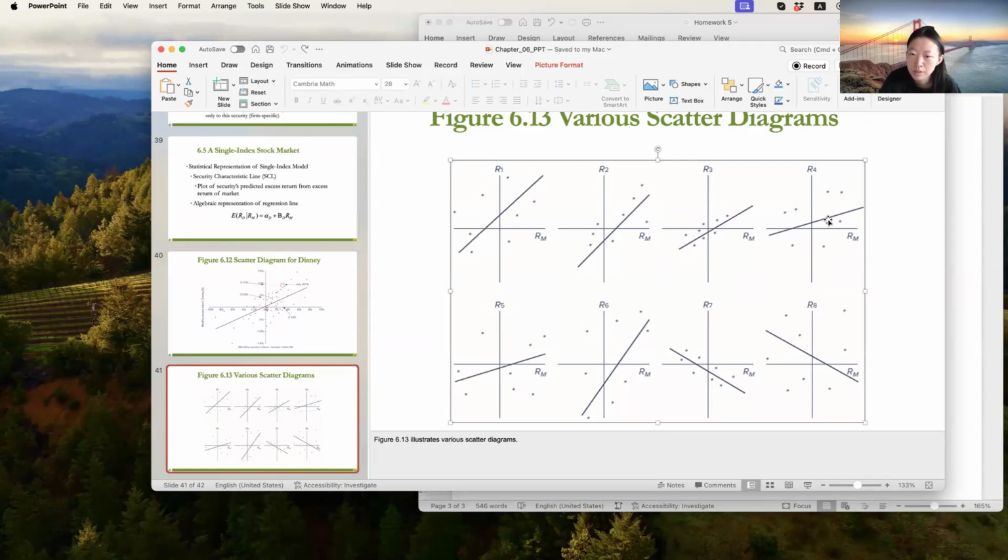It's going to be less responsive to the market movement. When the slope is higher, on the left side, it's more sensitive to the market movement.